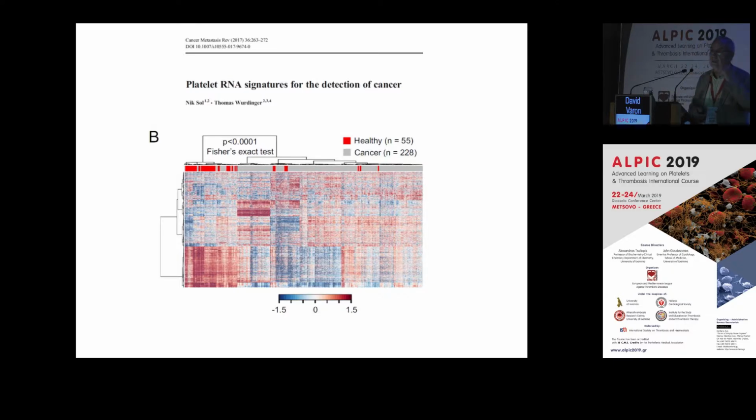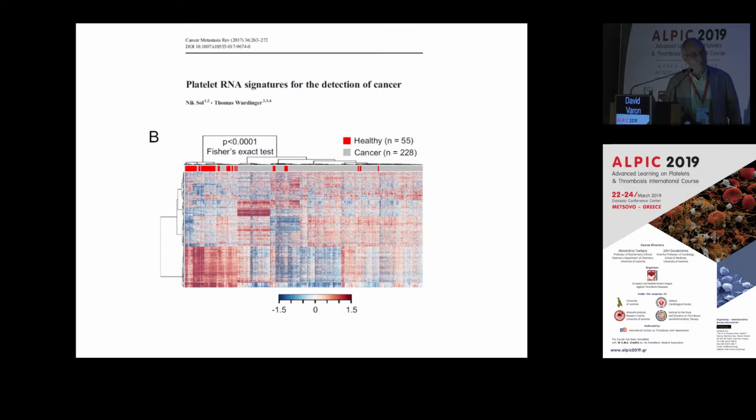And last but not least, in the introduction, platelets were found also to be a mirror of the cancer situation. Here, a work by Wurdinger from Holland, showing the RNA signature of platelets from cancer patients versus healthy volunteers.